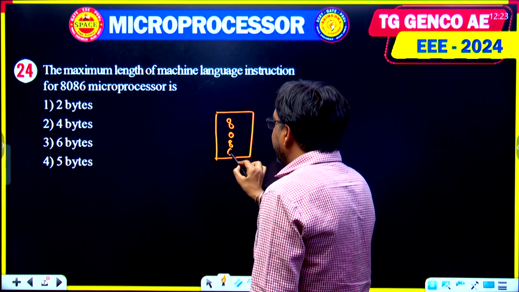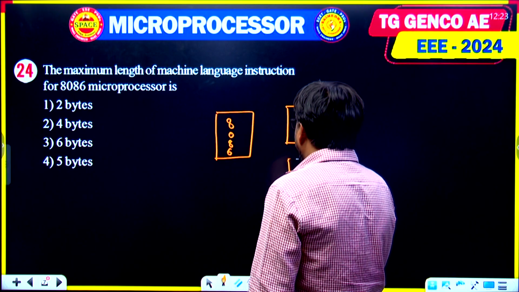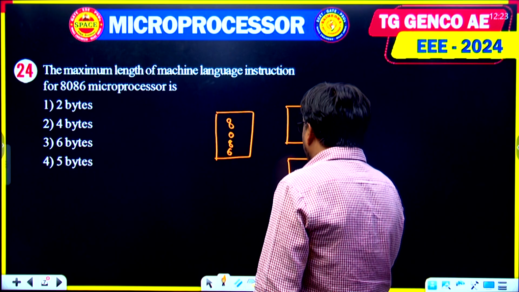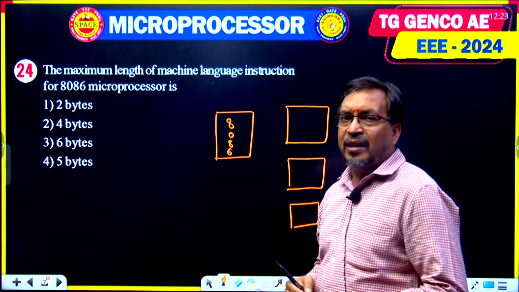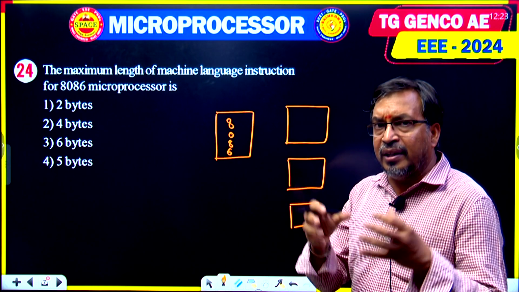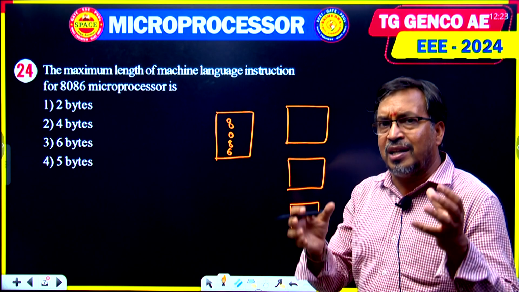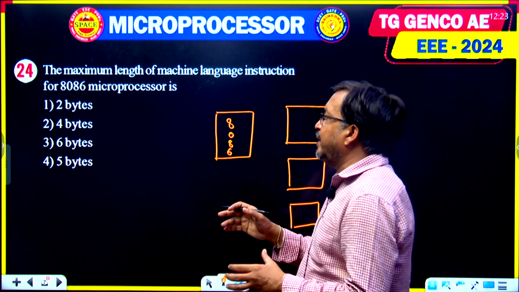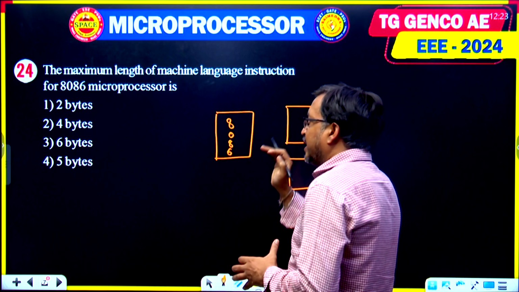The 8086 microprocessor is connected with different interfacing devices, peripheral devices, and they work with different 8086 instructions. To load different instructions in machine language, it is asking what is the maximum length of a machine language instruction.